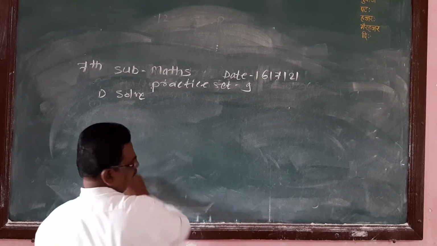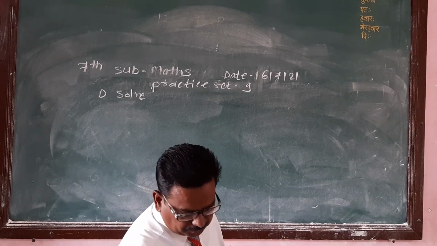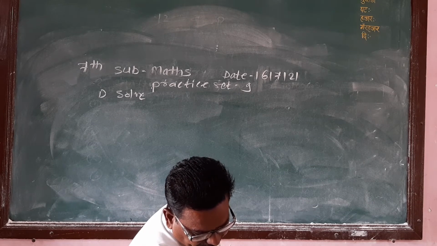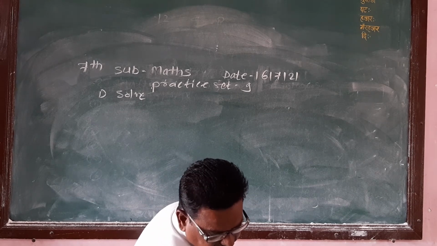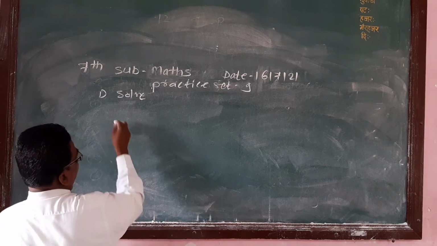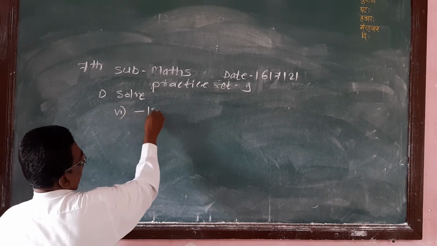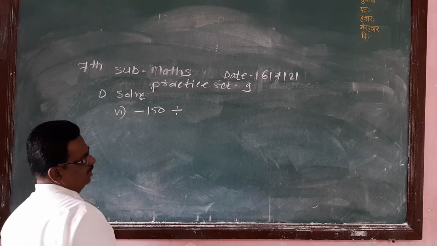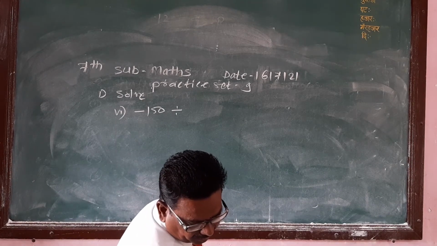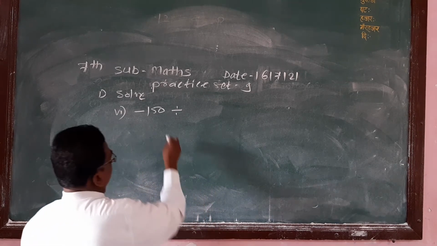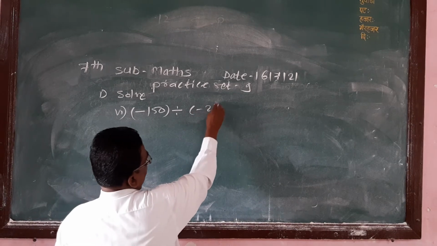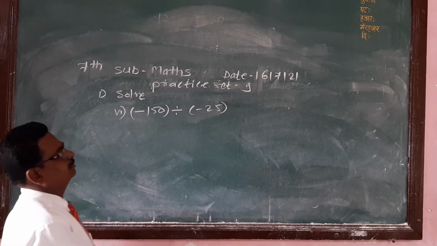Then come to the next problem, number 6: minus 150 divided by minus 25.